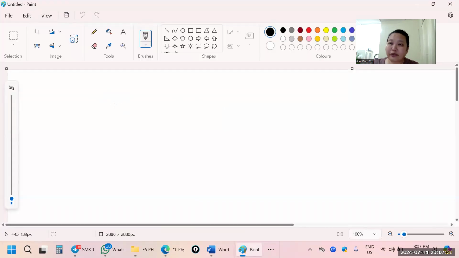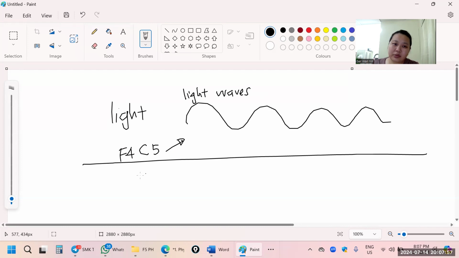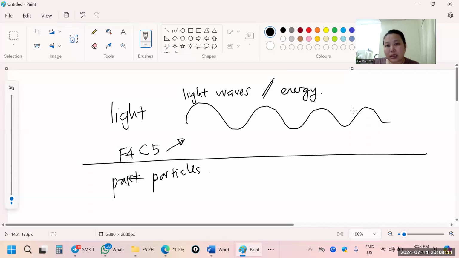Okay, in classical physics, we think that light is a wave. That's why in Form 4, Chapter 5, we say light is a wave. We say light waves. That's correct. But sometimes light also acts like particles. So if we say light is a wave and an energy, we say it doesn't have mass, no mass.